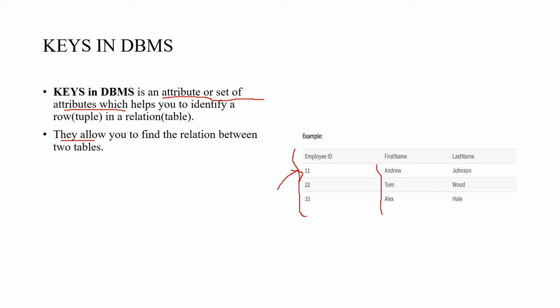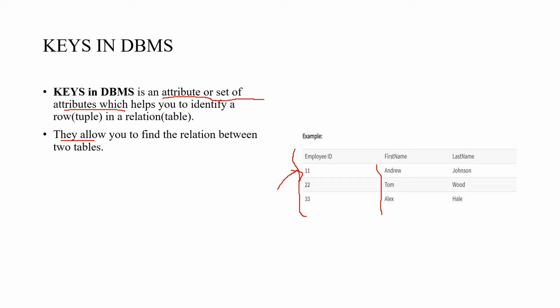So a key is a single attribute or a set of attributes. Here in our example, employee ID is a single attribute or single column. But sometimes we have to use the combination of two attributes as a key to identify a particular row or tuple in a table.